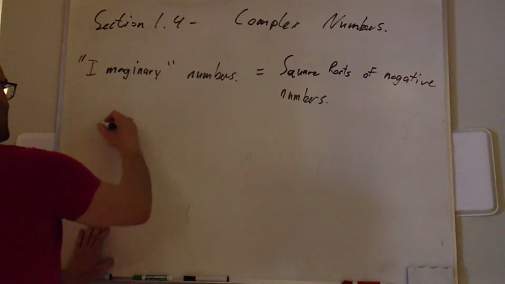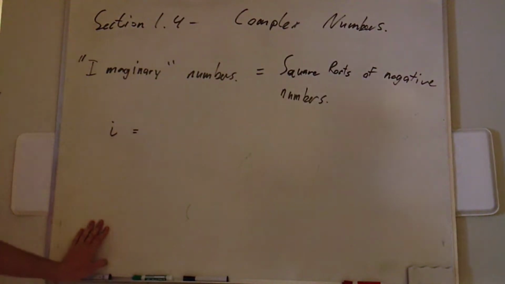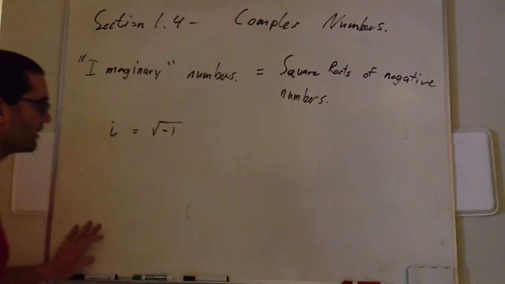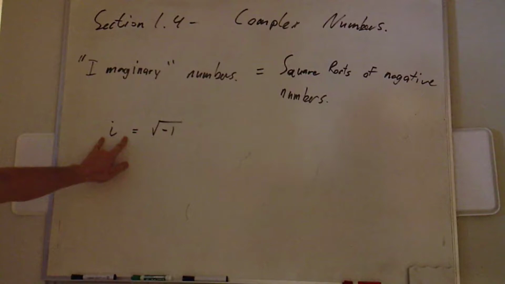We denote imaginary numbers with the letter i. Lowercase i means the square root of -1. This is sort of like the basic unit of imaginary numbers.